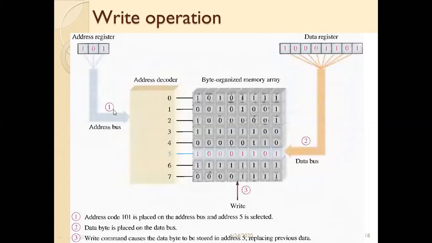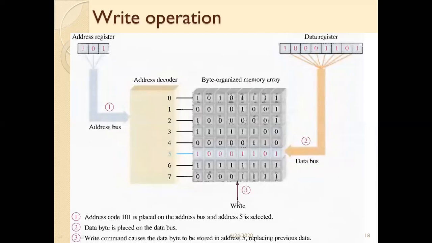In the first cycle, you will place the address on the address lines. In the second cycle, you will place data on the data lines. Placing data on the data lines means you place data in the data register, so it will automatically come to the data bus. In the third cycle, that is the control cycle, you will give a command to the write line.